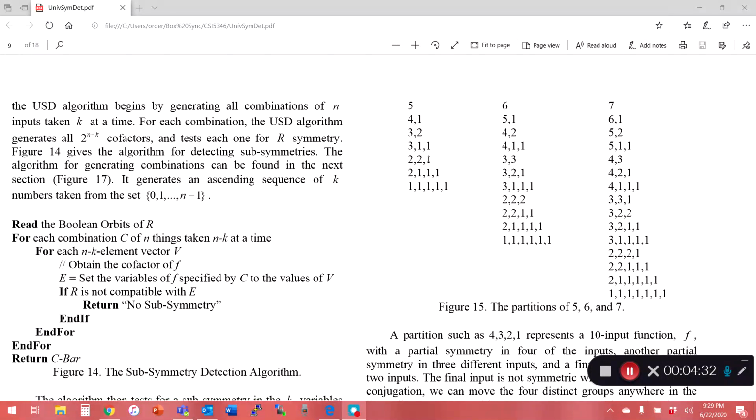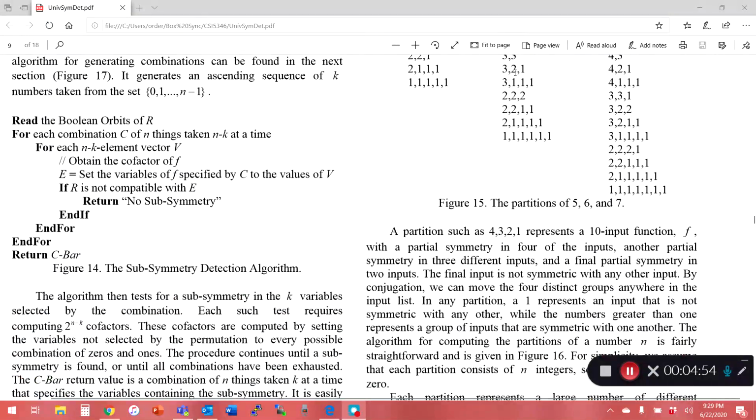And when you have this list of numbers, it has to add up to whatever number it is you're partitioning. So in the first column there, all of the sequences of numbers add up to 5. Middle column, they all add up to 6. And the right-hand column, they all add up to 7. So that's the first step.